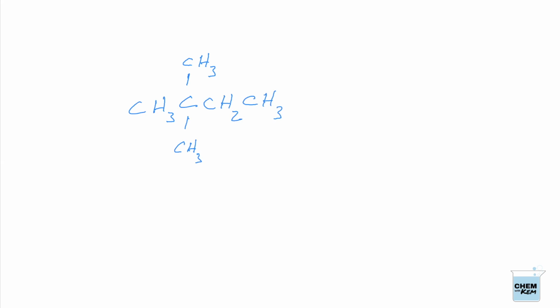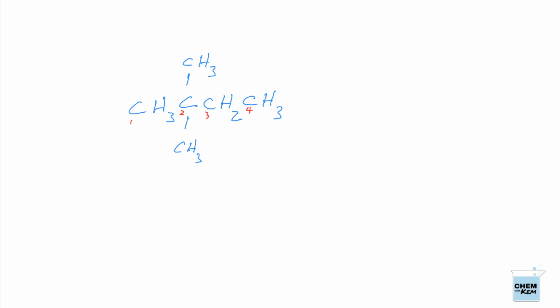Looking at this, longest chain is, well, let's count from this way. Longest chain is 4. Carbon 1, carbon 2, carbon 3, carbon 4. But most persons wouldn't have counted that way. But the longest chain is 4.